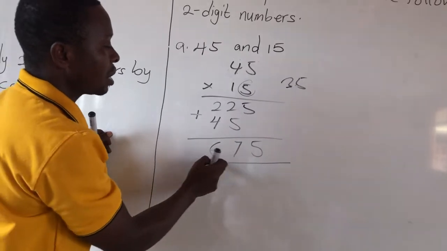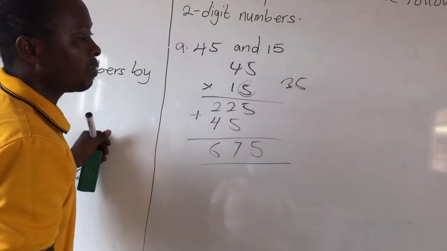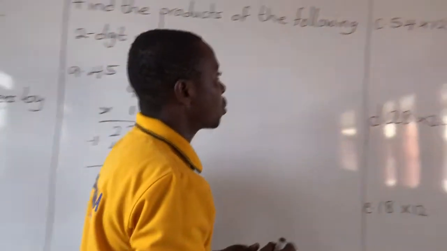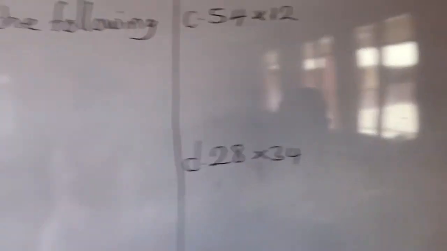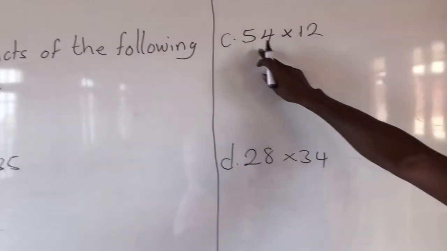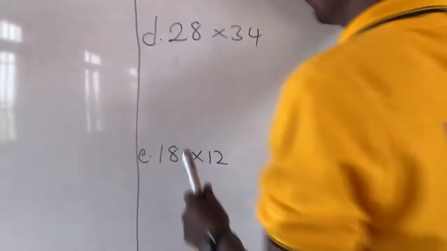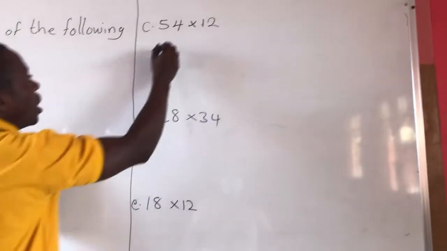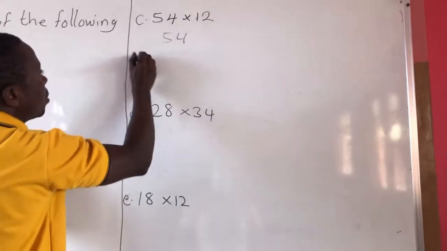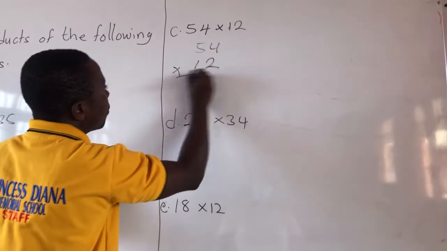Good. Let's continue with the next example. The next example is 54 by 12. So we have 54 times 12.